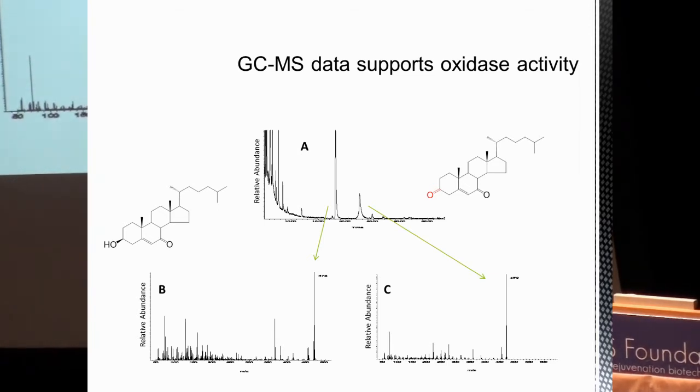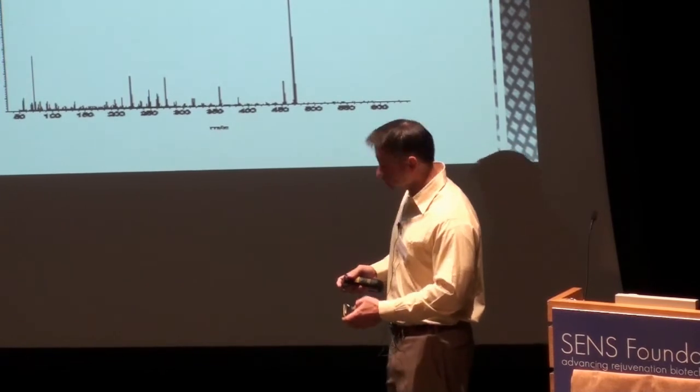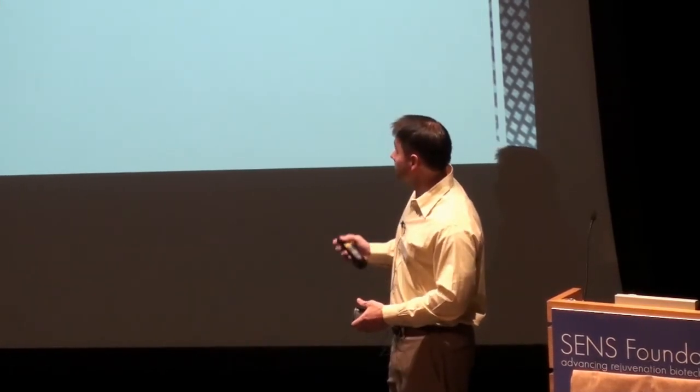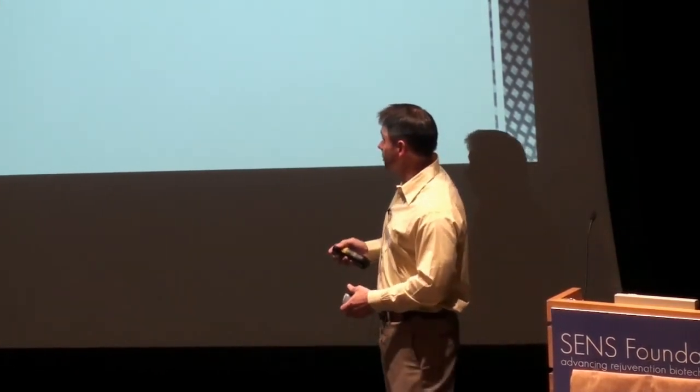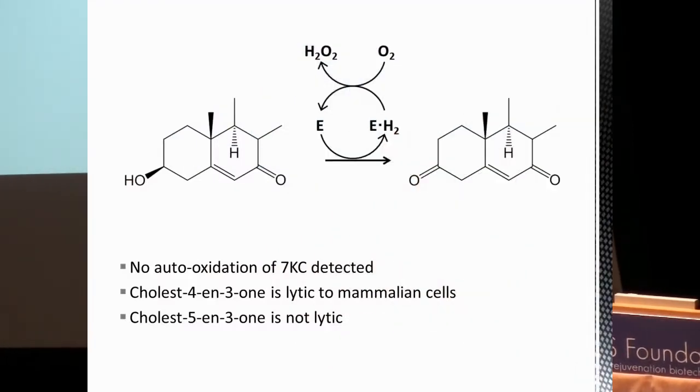So we didn't know if the same would hold true with 7-keto-cholesterol, which is why we did the GC-MS. 7-keto-cholesterol does not undergo any further autoperoxidation after oxidation by this enzyme. And so here's just the basic mechanism. There's a loss of a hydrogen, the ketone is formed here, and there's no isomerization activity happening.